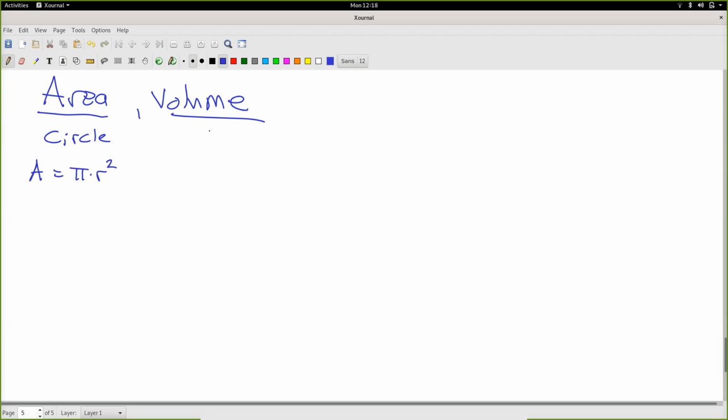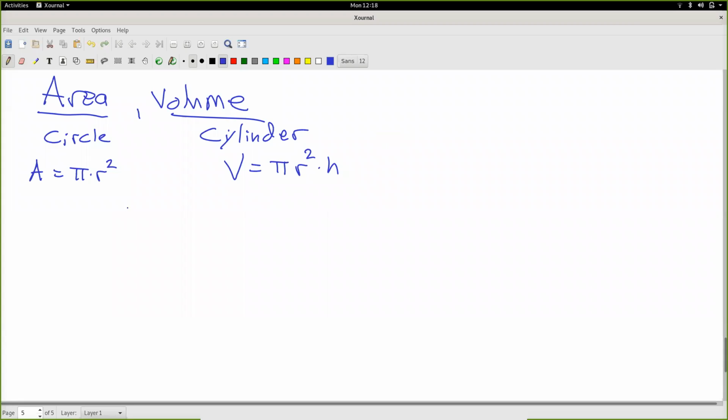Volume of a cylinder, like a can of soup or something, volume, not area, is pi times r squared times h.